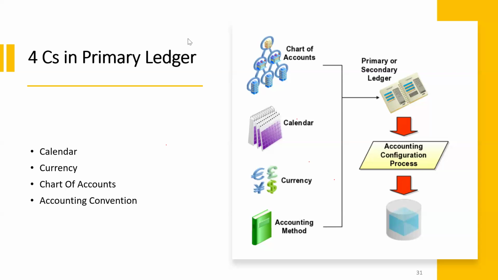Basically, where you assign the balancing segment value at the legal entity, that should be considered the primary balancing segment. Generally the first segment, first value we create can be source, entity, or company. The naming convention will be different, but you can assign a primary balancing segment based on the point at which you are referring to the reports.